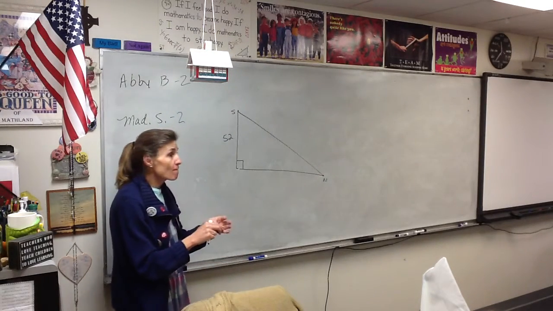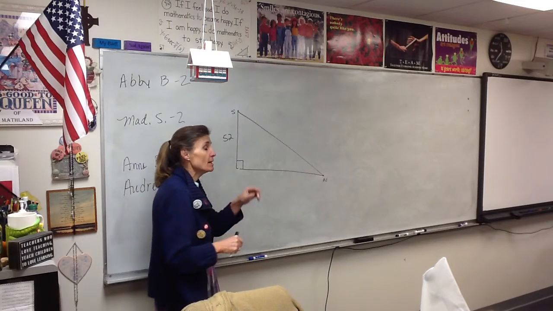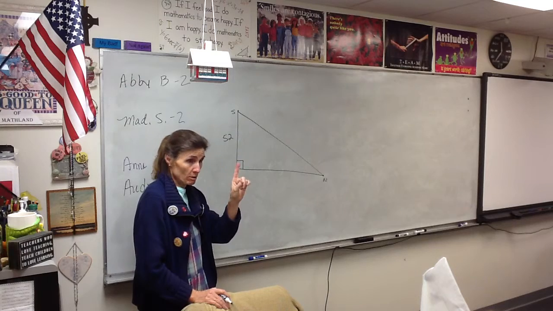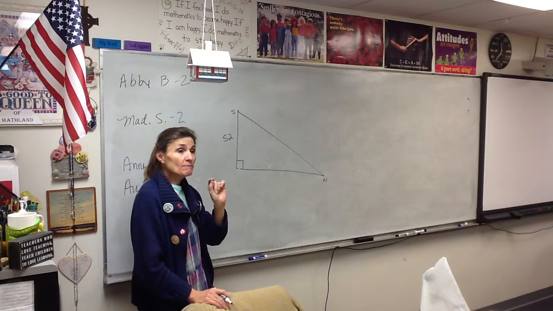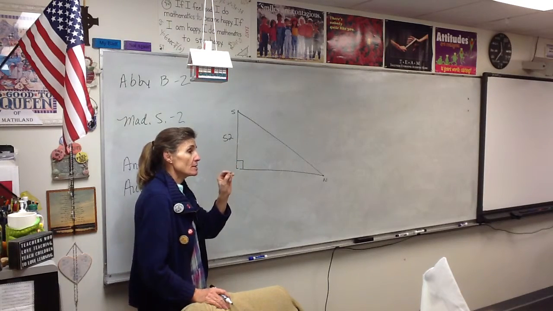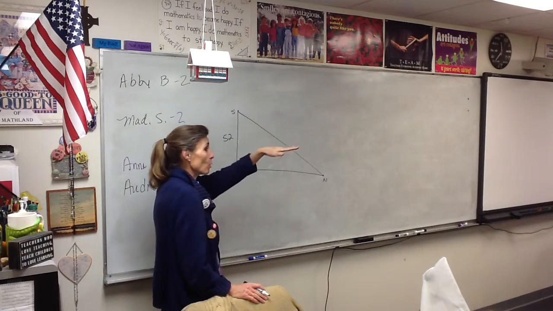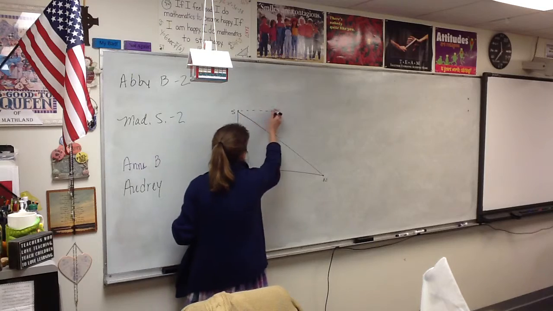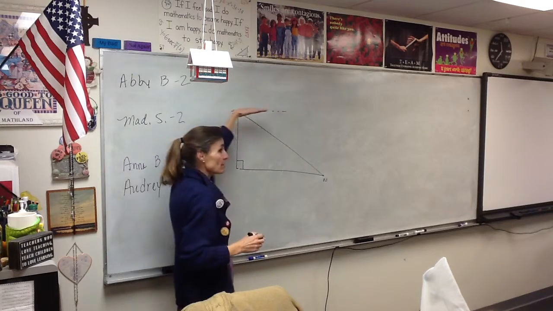Now, I need everybody paying close attention because I know where you want to put that 23 and you're going to be wrong. The angle of depression is always measured from the horizontal. What that means is if the squirrel looked straight ahead, that's how he would be looking, right?